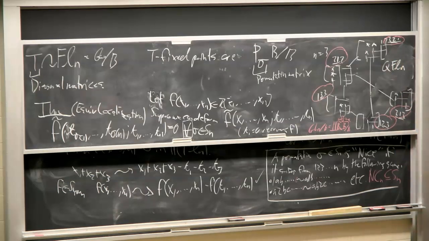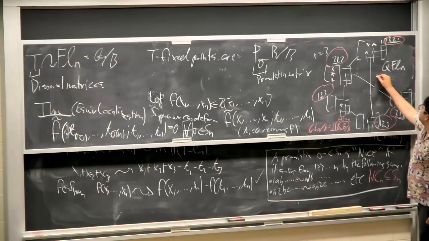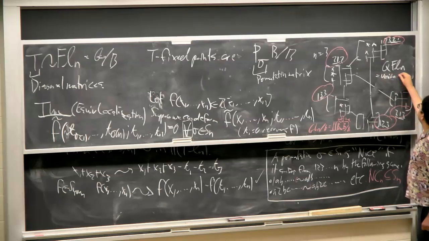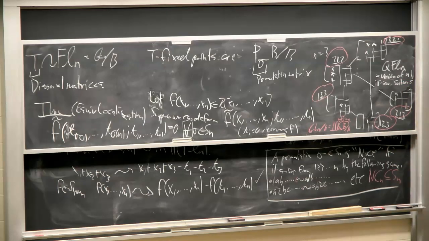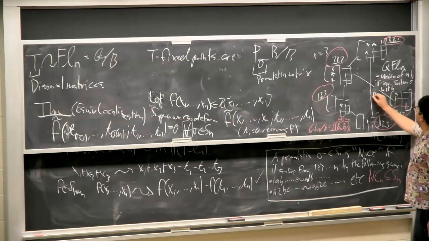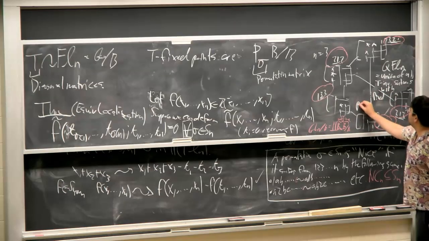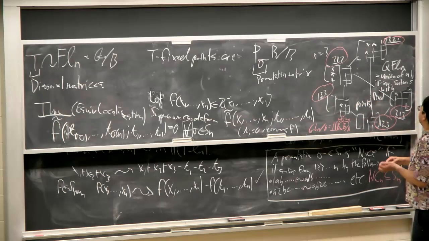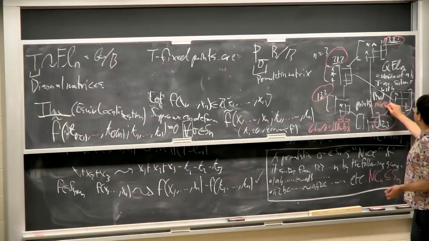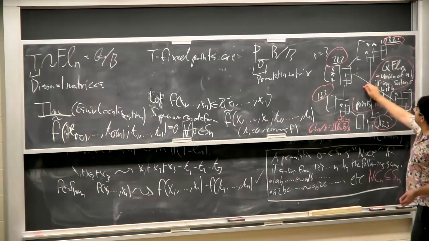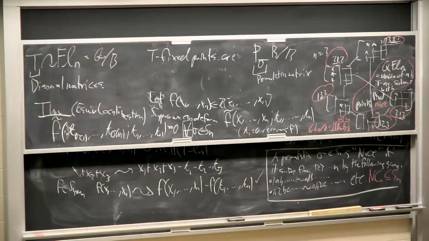The quasi-symmetric flag variety is going to be the union of all T invariant subvarieties of the complete flag variety with fixed points nice. It's going to be all of the T invariant subvarieties you can do with all the T fixed points nice.